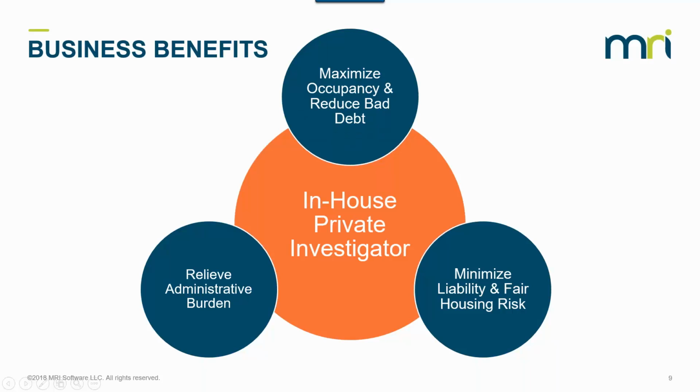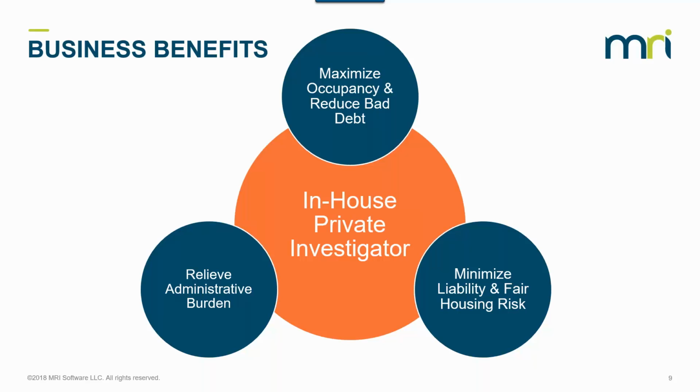Okay, just to recap the business benefits that Dana and Ashley just showed us. We just saw the adverse action letter and how they can contact the Resident Check team, so that relieves the administrative burden. Again, the product and software that we have is first class and brings us a cost-effective and fast solution.